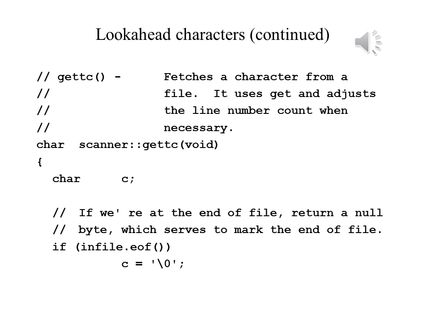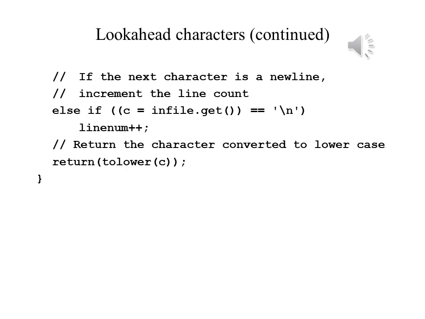The method getTC returns a null byte if the program is already at the end of the file. This will inevitably lead to a token of end of file. If this is not the end of file and the next character is a new line, the line number is incremented. Having the current line number is very useful in error messages. Otherwise, you return the lowercase version of the character, assuming it's a letter.